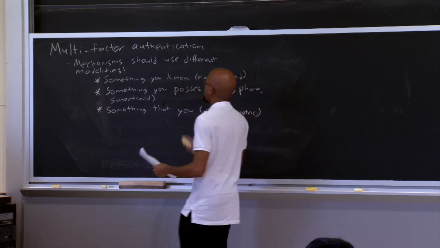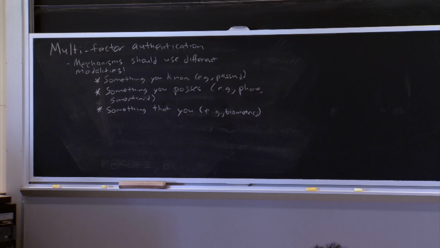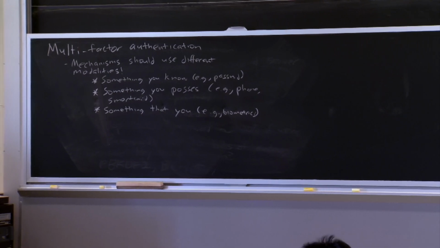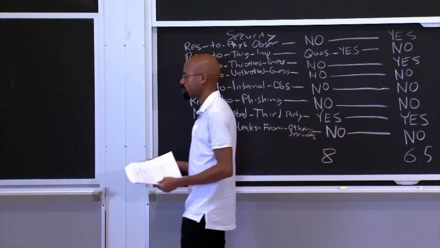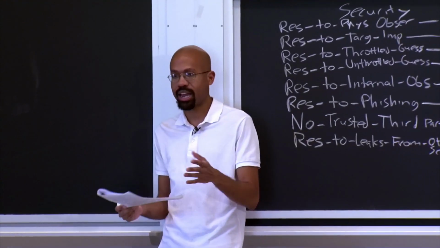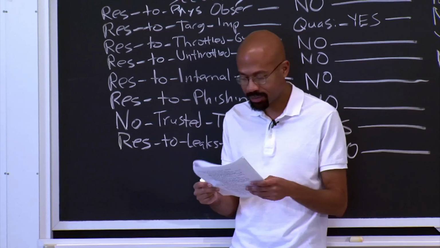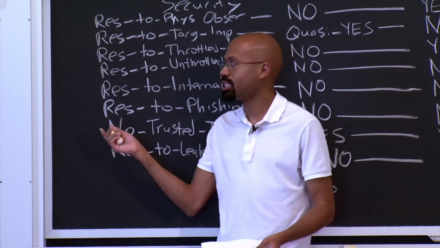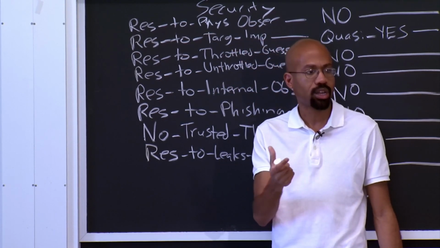And so the idea behind multi-factor authentication is that when you use schemes like this, an attacker has to steal or subvert multiple things to be able to successfully impersonate you. So for example, the attacker might be able to guess your password, but maybe the attacker can't steal your cell phone. There's a couple different examples of this. Maybe the most common one is Google's two-factor authentication for things like Gmail.